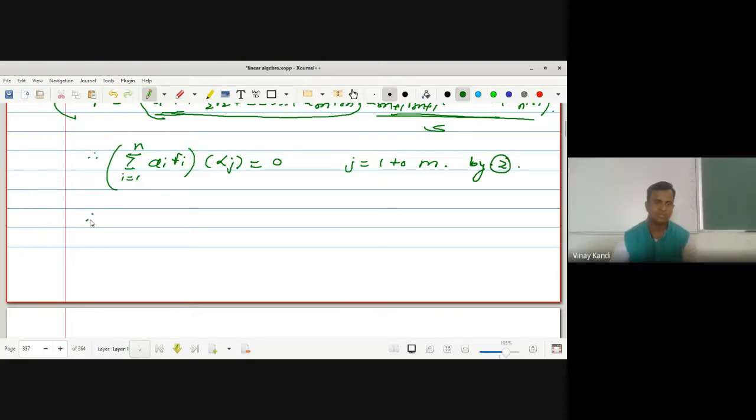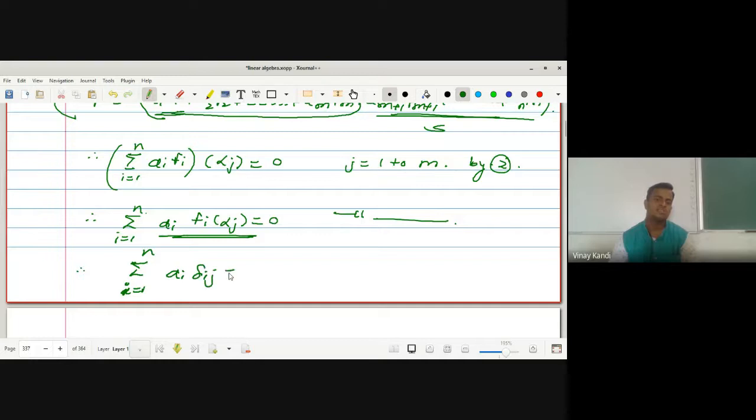Okay, therefore summation i running from 1 to n, ai fi of alpha j is equal to 0. This condition is the same as summation i running from 1 to n, ai delta ij is equal to 0, because this is the dual basis.